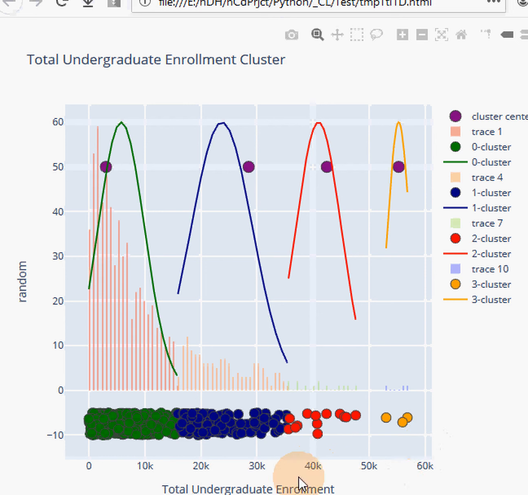Let's just look at one variable, the total undergraduate enrollment. For mean shift clustering, they basically determine for you how many clusters there will be.